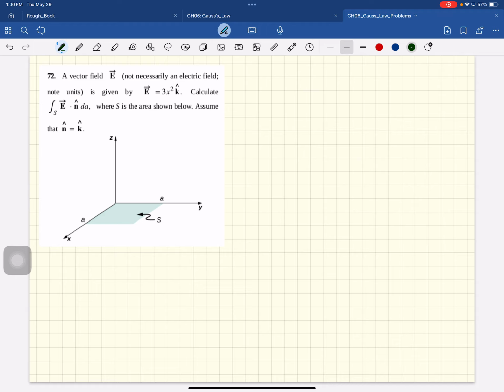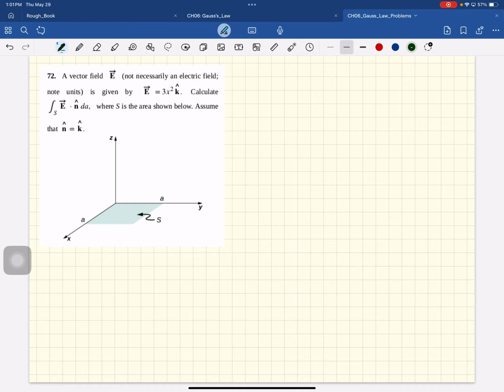All right, let me do this one first. A vector field E, not necessarily an electric field, is given by that. It's pointing in the z direction and it's 3x squared. So as you go further and further out, the strength is increasing, like that.